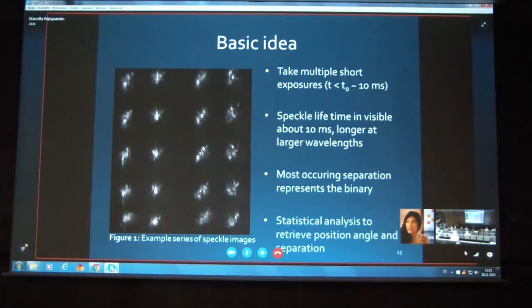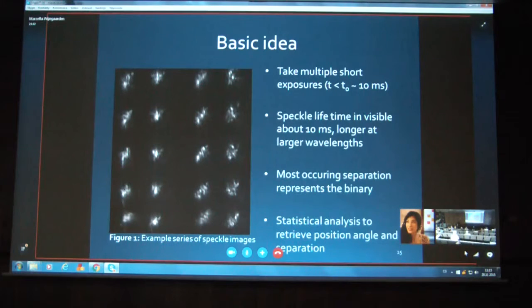And it's smaller than 10 milliseconds because this is the variability timescale of the atmosphere in visible light. So the idea is that in these frames you actually freeze the atmosphere so that it's no longer changing within the time that the image is taken.